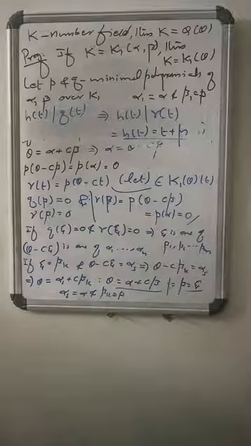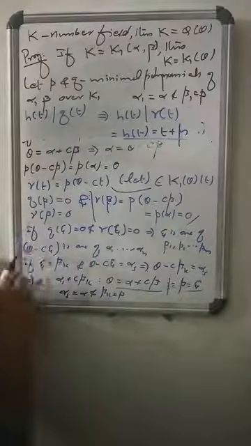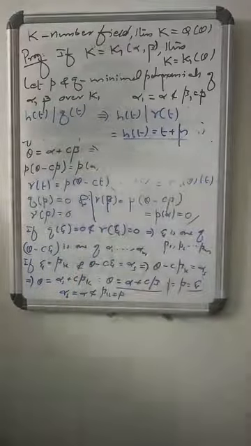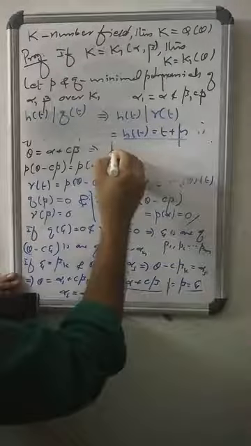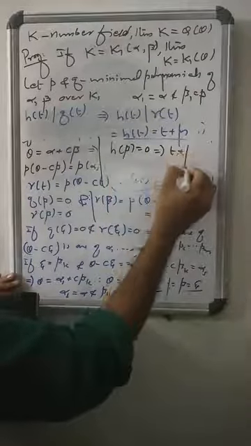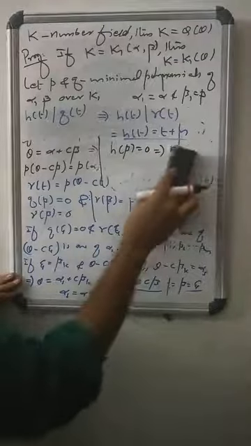But what is h of beta? h of beta equals 0. h of beta equals 0 means beta plus mu equals 0.